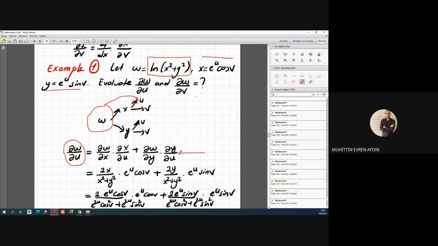There is another way which is not wrong from a mathematical perspective. The way is to replace the values of x and y in the function directly.